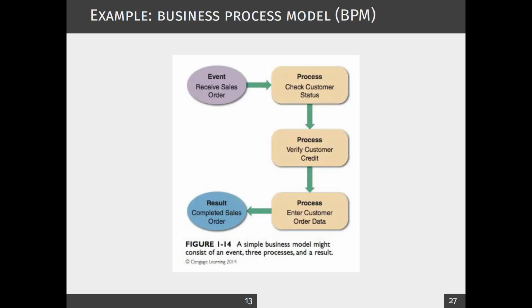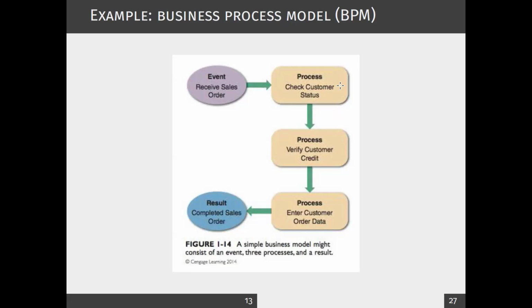is, this is called order processing. When you receive an order, which we call an event, the first process could be that you have to check the customer status, which means we need to know whether the customer has a good credit score.